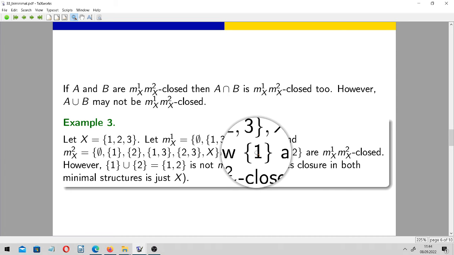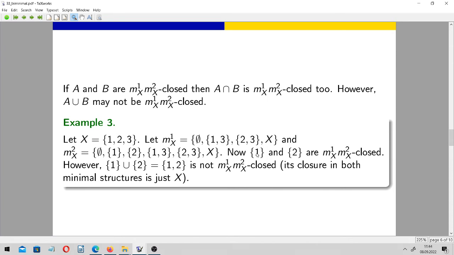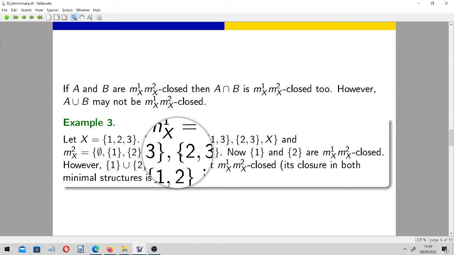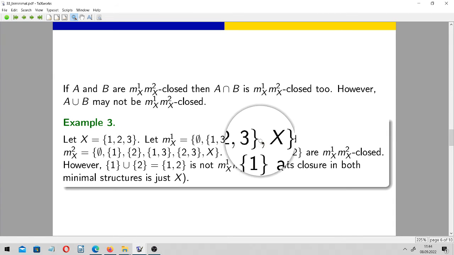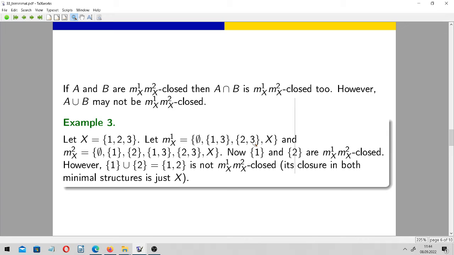The singleton of 1 is closed in this minimal structure as a complement of {2, 3}, so its closure is just itself, and then it's closed in this structure too, again as a complement of {2, 3}.